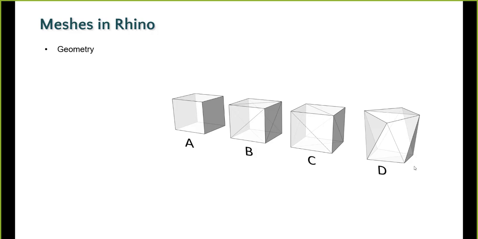One is a quad mesh with 6 sides. The other 2 are triangular meshes with 12 sides. Actually, all 4 models have 8 vertices, right? 4 on the top, 4 on the bottom.